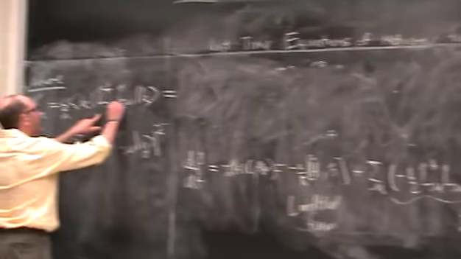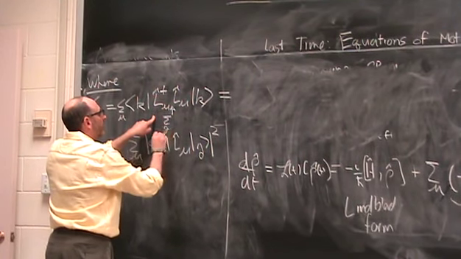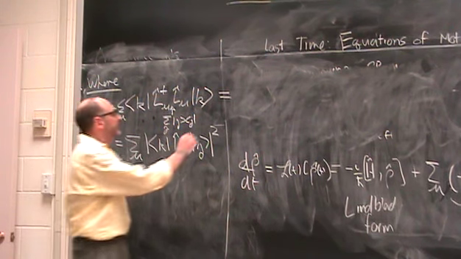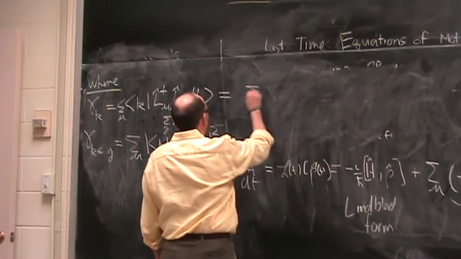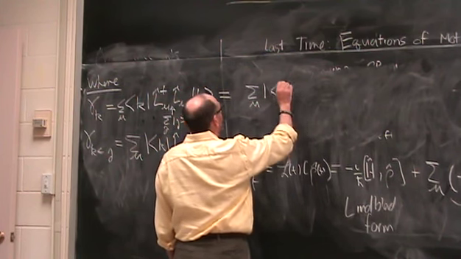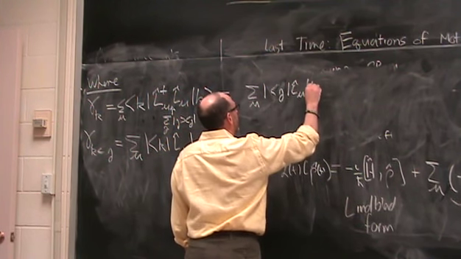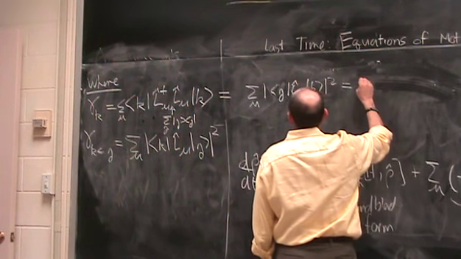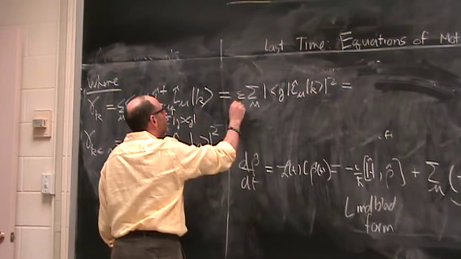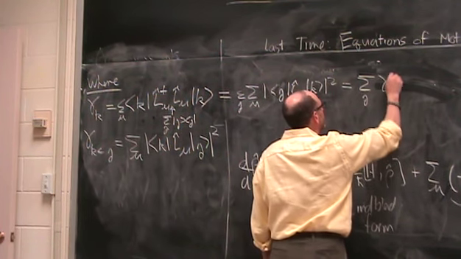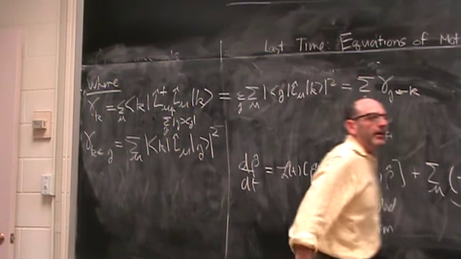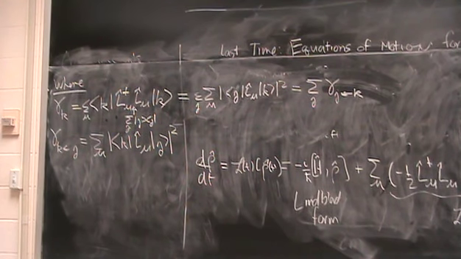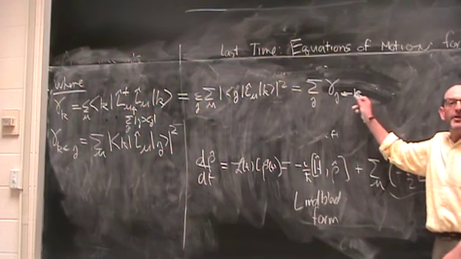If I like, I can insert here a sum over J, a complete set of states, in which case this is equal to a sum over J of the matrix element of L, mu K, squared, which is equal to a sum over J from K into J. As we expect, the total rate of decay of level K depends on the sum of all the partial rates to all possible J's.